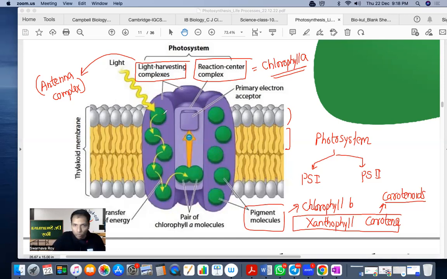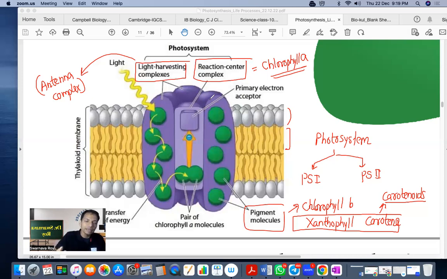So in the thylakoid membrane, we have these photosystems which contain the photosynthetic pigments. Next time we come across the concept that plant leaves have chlorophyll, we should think that inside the plant leaves we have these mesophyll cells. Inside the mesophyll cells, we have the chloroplast. Inside the chloroplast, we have these thylakoids.